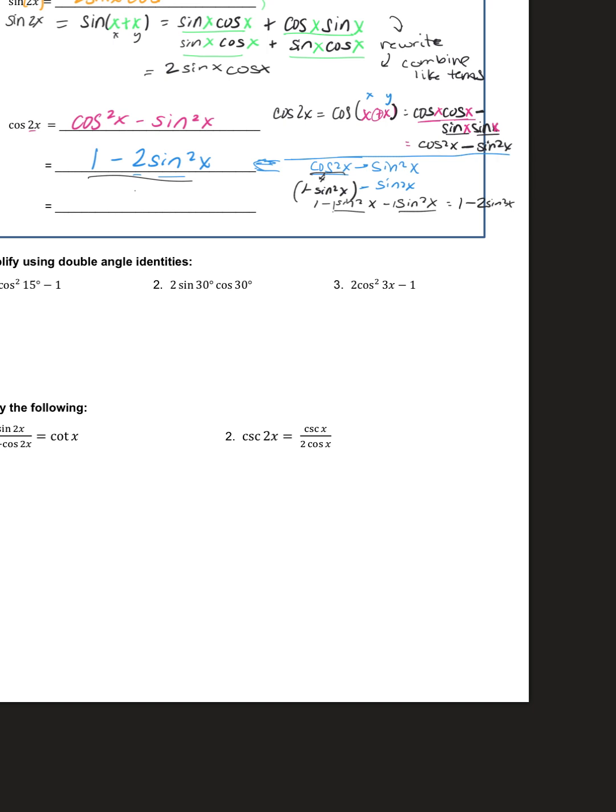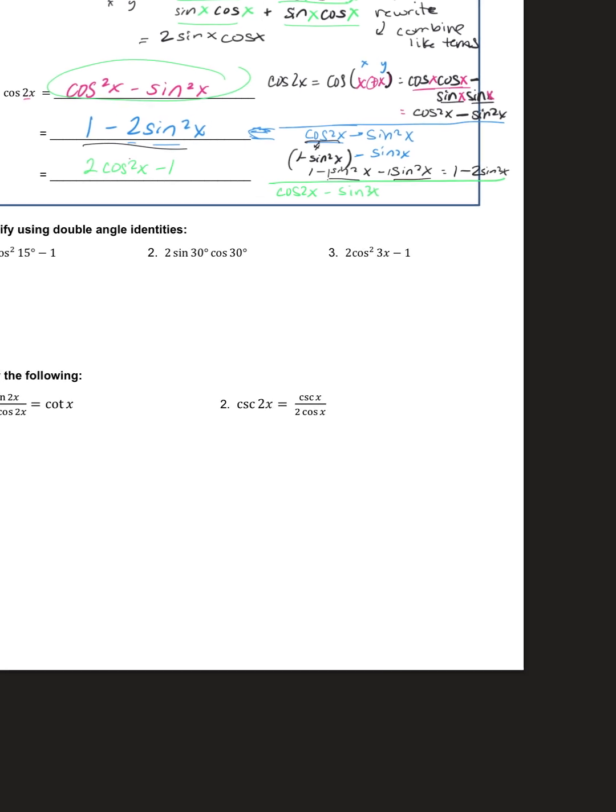Okay. So now we're going to use the same idea to get the other one. Or our other identity for cosine double x will be 2 cosine squared x minus 1. So I'm going to use the same idea. I'm going to take this very top one up here, and I'm going to say I have cosine squared x minus sine squared x.